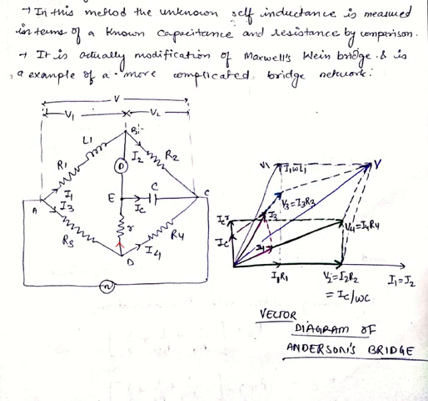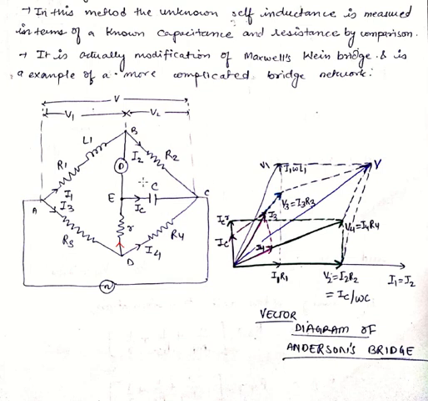Now the voltage drops across BC and EC will be the same when the bridge is balanced, because the potentials at point B and point E will be the same. So the potential difference between both these arms will be the same. The potential difference V2 and the potential difference across EC will be the same.